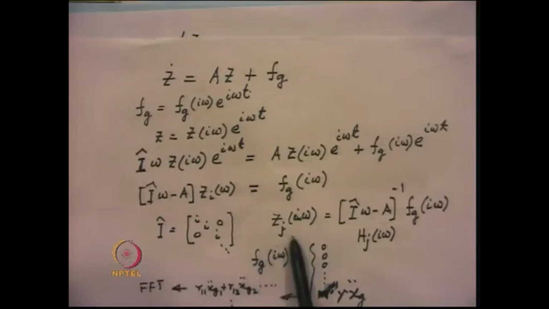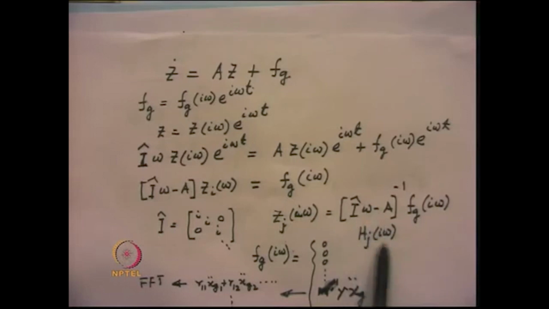Then one can write for a particular frequency, say the jth frequency, Z(i omega j) is equal to the inverse of I cap omega minus A into Fg(omega), and this is what is called Hj(i omega), capital Hj(i omega) for the jth frequency.